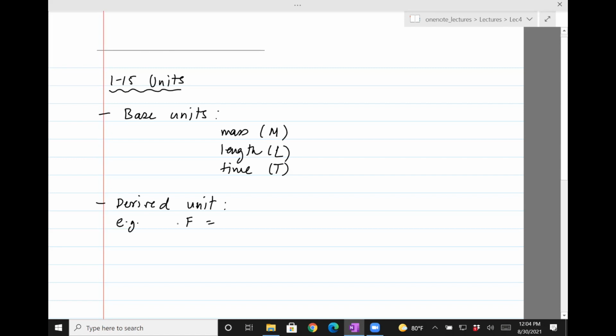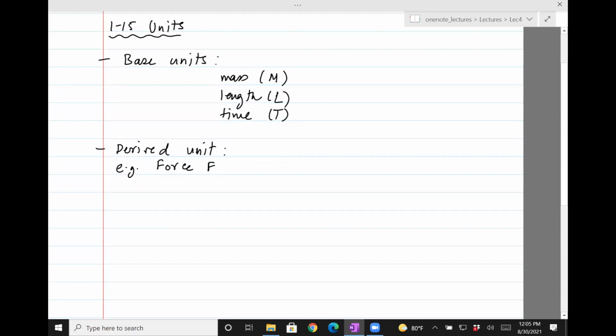So force F. The way to do this is to think of the simplest thing which involves force. I can think of it as mass times gravity.